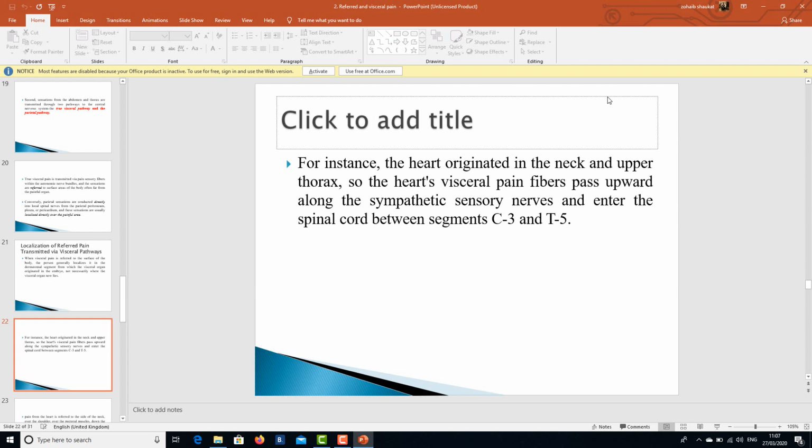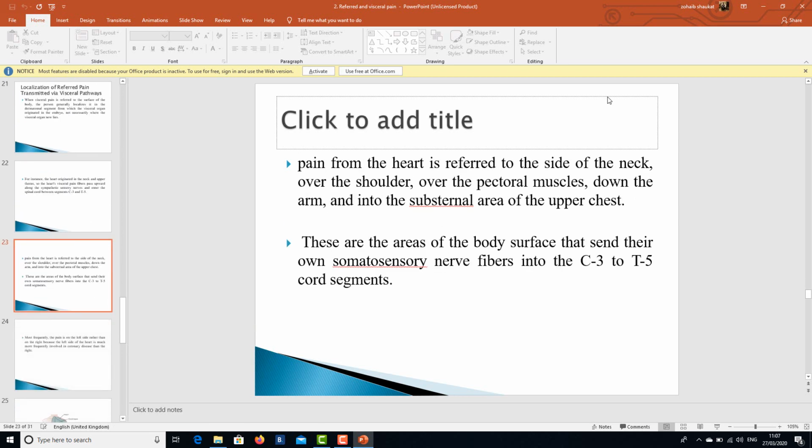Again, the heart originated in the neck and upper thorax, so the heart's visceral pain fibers pass upward along the sympathetic sensory nerves and enter the spinal cord between the segments of cervical 3 and thoracic 5. Pain from the heart is referred to the side of the neck, over the shoulder, over pectoral muscles, down the arm, and into the substernal area of the upper chest.